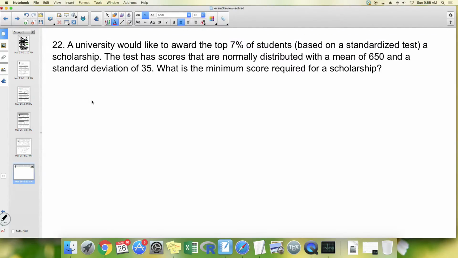So a university would like to award the top 7% of the students a scholarship, and the scores are normally distributed with mean 650 and standard deviation 35. Okay, so it's the same kind of problem.